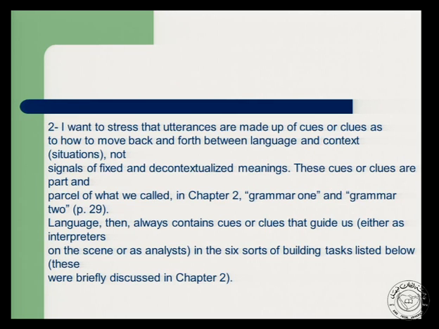I want to stress that utterances, the speech in general, are made up of cues. Some cues are there in the text you read or in what you are listening to. There are some cues or clues that help you build these things.